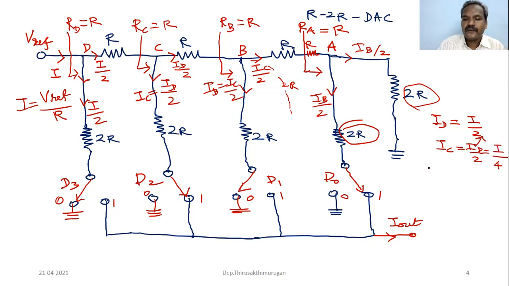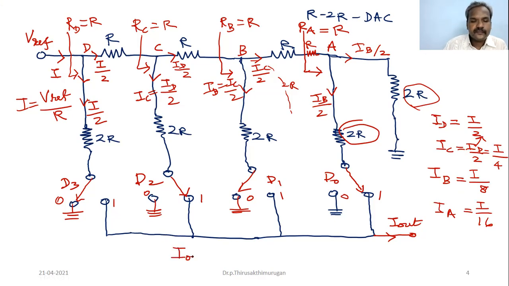What is IB similarly? IB equal to I by 8. What is IA? Similarly, if you substitute this, we get I by 16. So what is the total current I out?